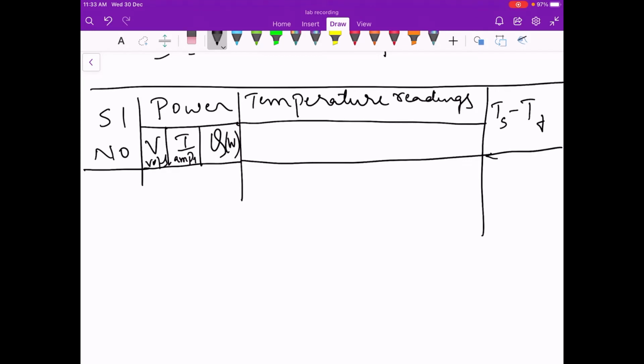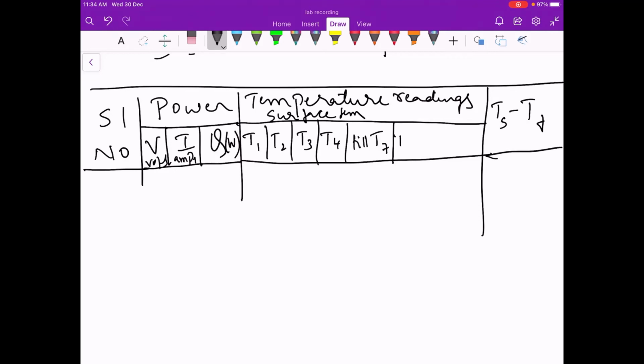So the temperature readings vary from T1, T2, T3, T4. The manual has already been updated in your Google Classroom. You can refer to that also apart from this lecture. So T4 till T7 is your surface temperature.